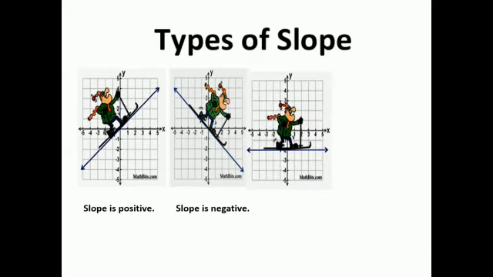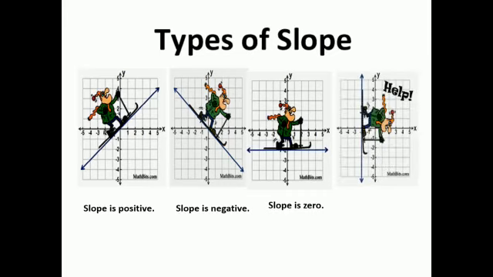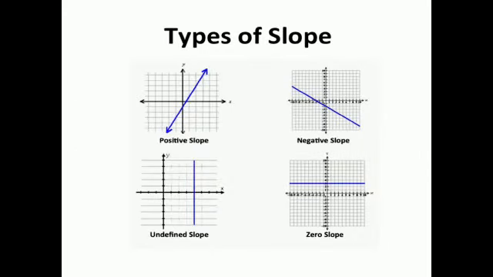Here the line is a straight line, it is not going up or down, so the slope is 0. Next one, the line is vertical. So that is not defined. Okay, so these are the 4 types of slope, and these are the images with the line, the slope on the graph.